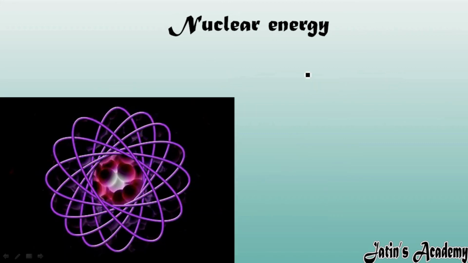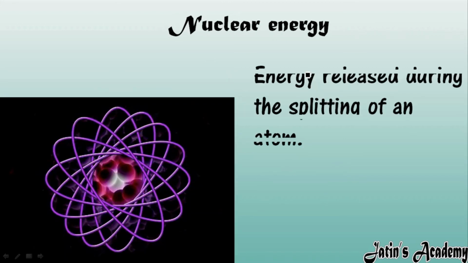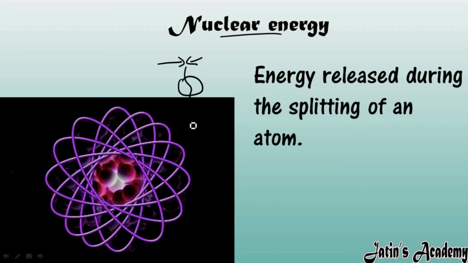Next, we are having nuclear energy. So what do you mean by nuclear energy? See carefully. Might be this energy is new for you, so see carefully the definition. Nuclear energy means whenever in big industries, splitting or combination of some atoms is there. Means some atoms are going to combine, or some atoms are going to split.